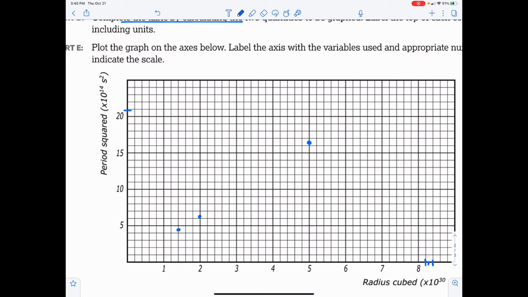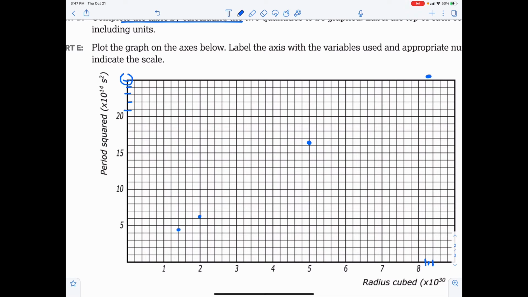That would be 21, 22, 23, 24, 25. So the last point, 8.25 and 25.3, well, 25.3 would be above 25, which is here. So we can make the last point about maybe right there, just a little above.